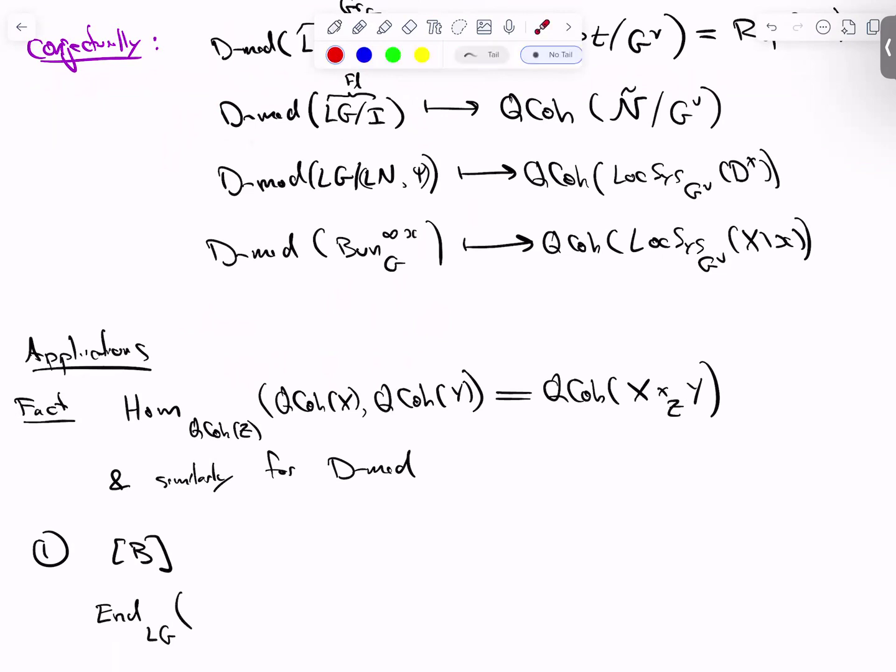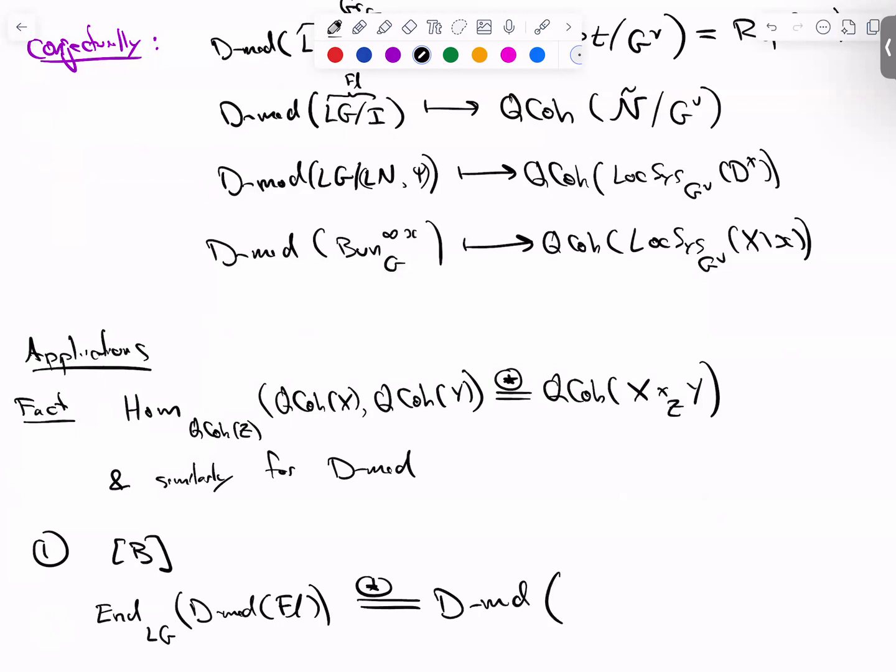So I'm suppressing a lot here. It really should say we take endomorphisms in the category D-mod of LG-mod. I'll just write LG. Okay, so by this computation, this fact, we computed D-modules on what?